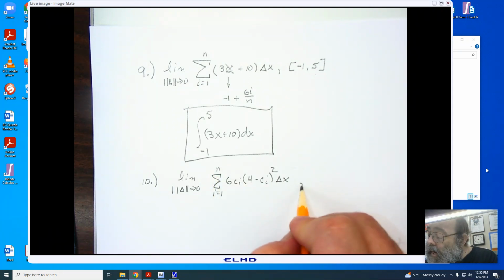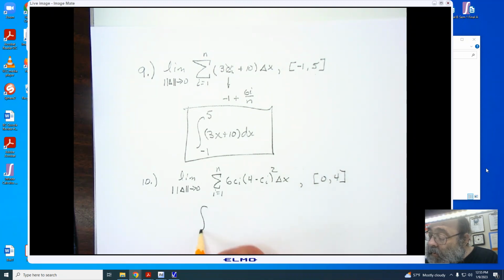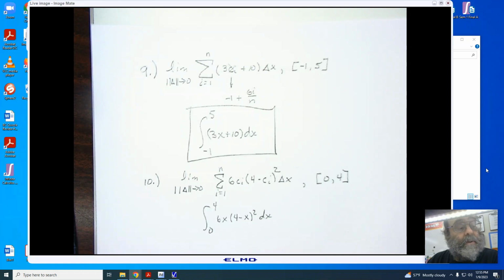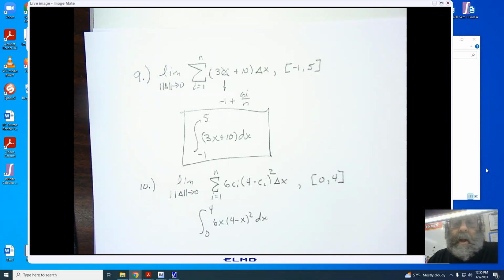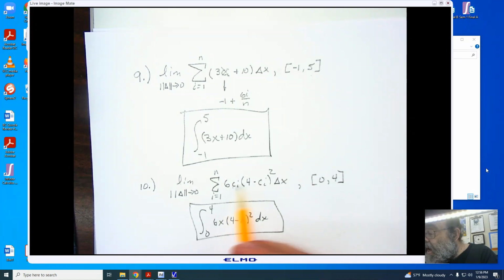The interval that we're looking at is 0 to 4. So the integration from 0 to 4 of 6x times 4 minus x, the quantity squared, dx. And this is my answer. Notice the c sub i is our x.